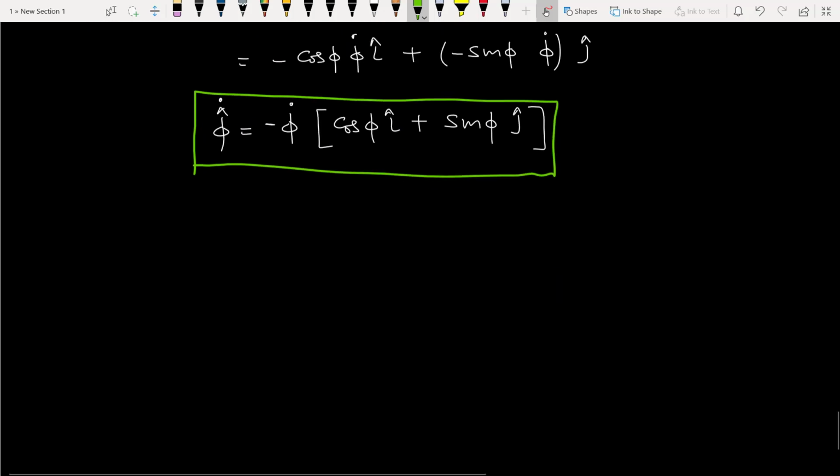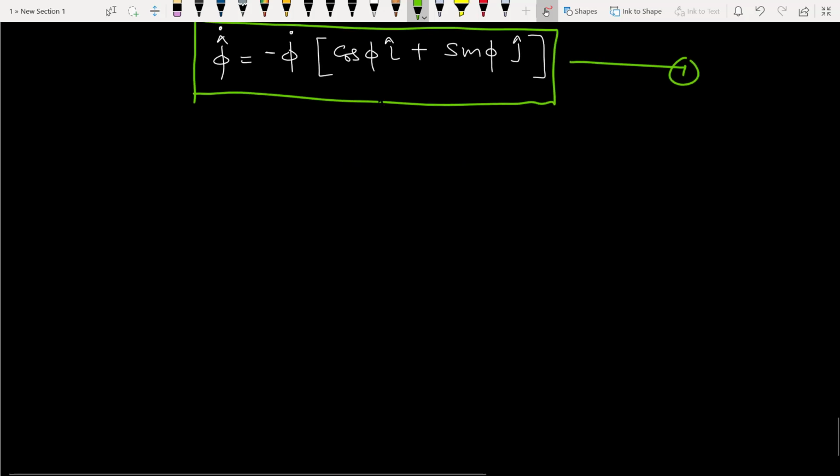So now we try to simplify this equation number 1. For that we take sin theta r cap plus cos theta theta cap, that is sin theta into r cap.